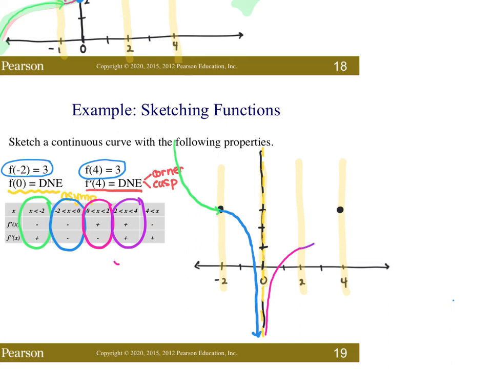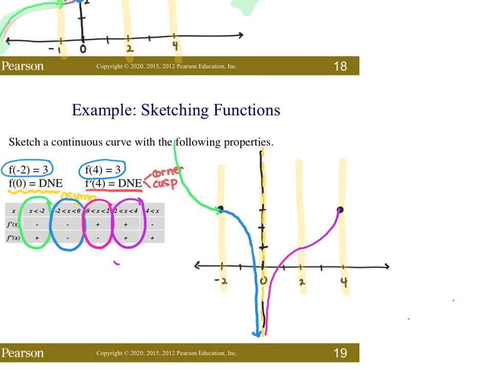Keep my positive slope and have positive concavity and hit that point right there. So the concavity, the bend of the curve, switched, but I'm still increasing. Now I'm to the point where I should have a corner or a cusp of some kind.